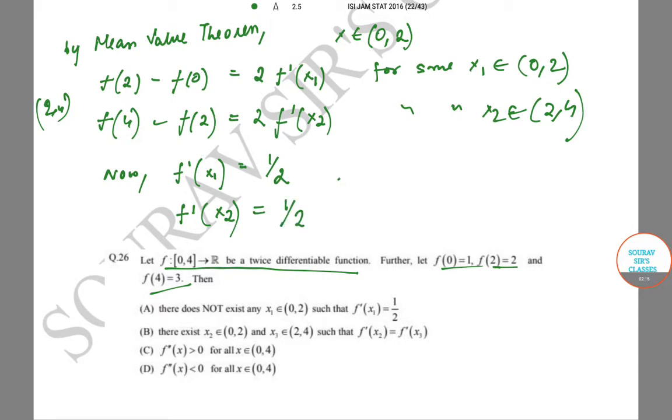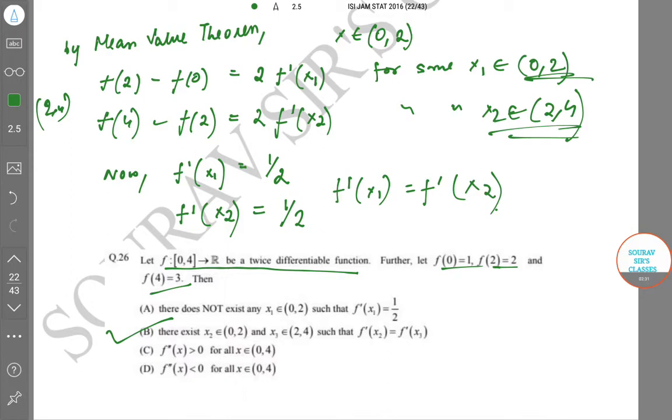Now since f'(x1) equals f'(x2), and x1 belongs to (0, 2) and x2 belongs to (2, 4), we see that B is the correct answer. Let us move on now to the next question.